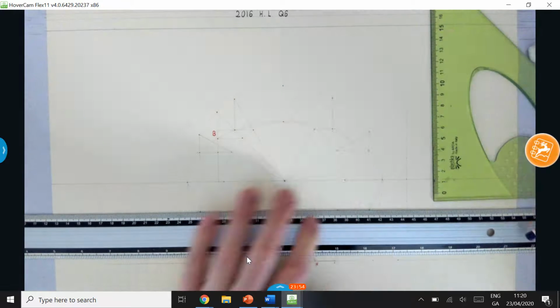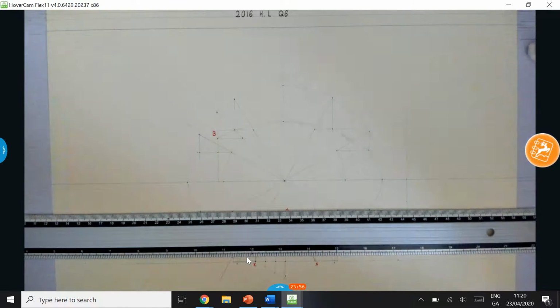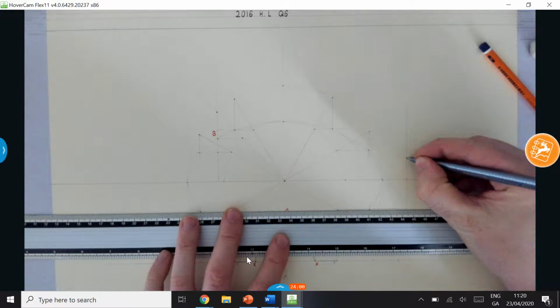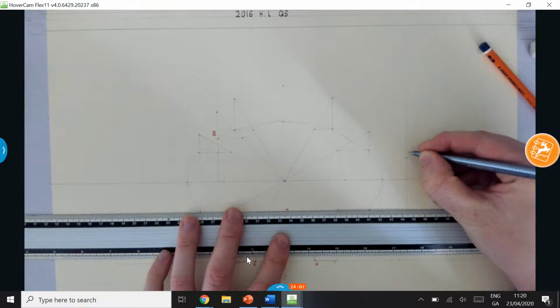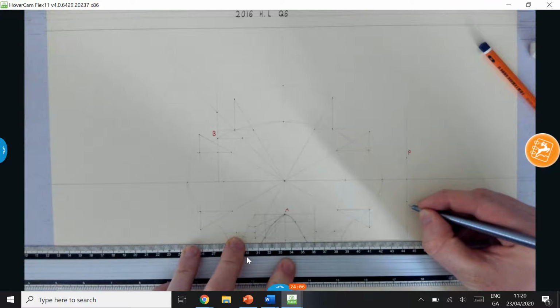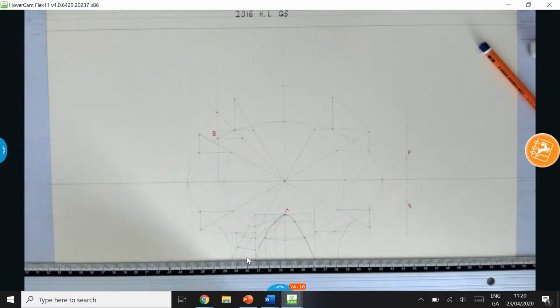That's going to find us 2 points, and them points then are P and R. So we found them 2 points.